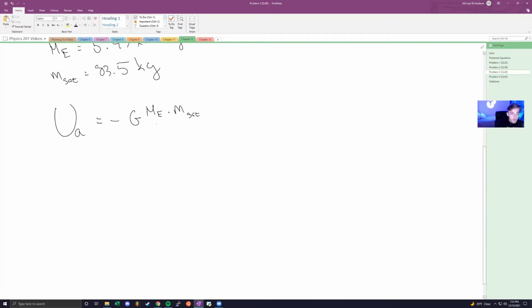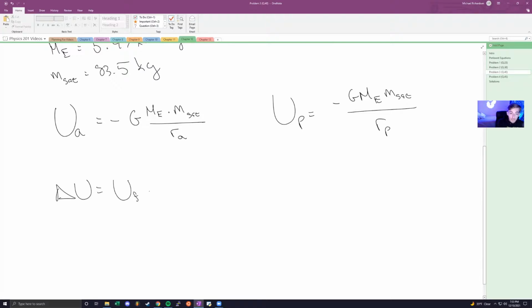So we're going to divide that by our separation at apogee. We'll do the same thing for perigee. So we get that this is going to be negative G times the mass of Earth times the mass of the satellite divided by that separation. So our change in our potential is going to be our final potential minus our initial potential.